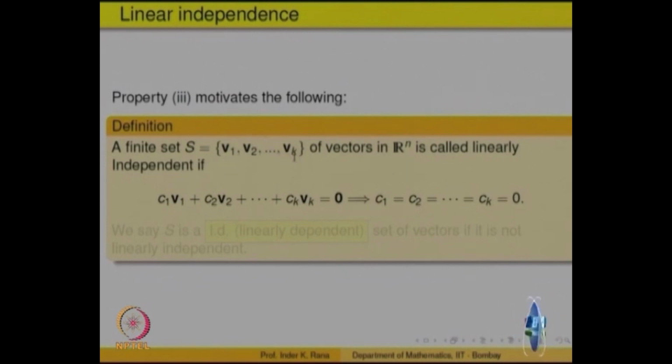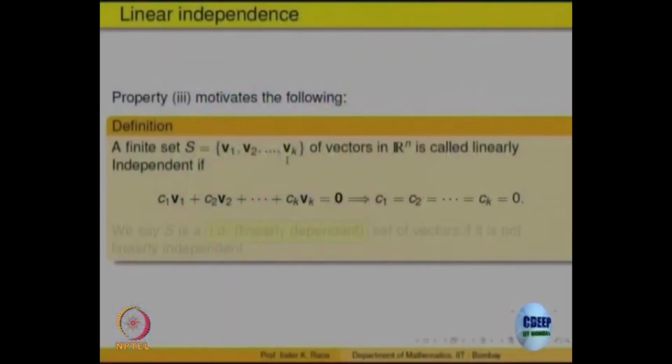So a set of vectors is called linearly independent if a linear combination of them equal to 0 implies all the scalars are equal to 0. And if they are not, what is the opposite of it? That means there is a linear combination which is 0, but not all the scalars are 0.